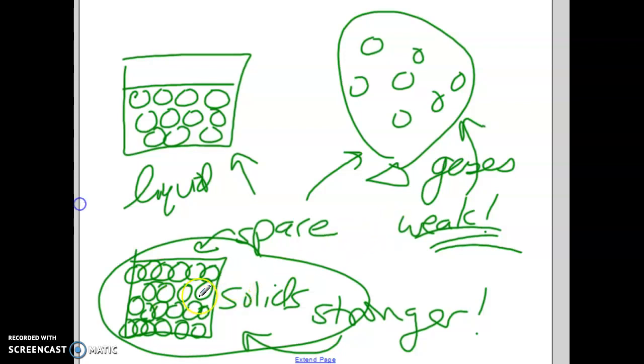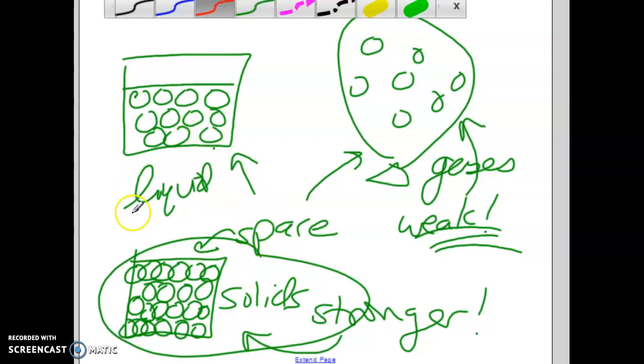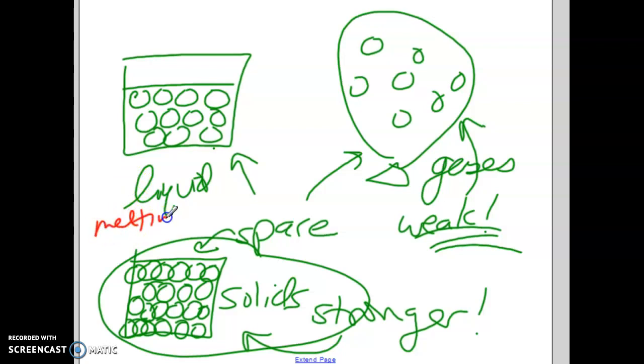If you have a very strong attraction between particles and I want to melt my solid, it's going to take a lot of energy to break that solid down into a liquid. It's because you're trying to pull apart the particles to make more space between them. So going from solid to liquid is our melting point. Going from liquid to gas is our boiling point. So again, this is making space between particles.